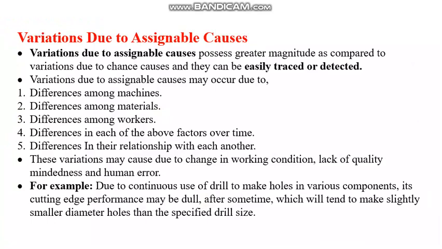Let us talk about variations due to assignable causes. The variations due to assignable causes possess greater magnitude as compared to variations due to chance causes. The magnitude is greater, meaning the variations coming into the product because of assignable causes will be more compared to chance causes.